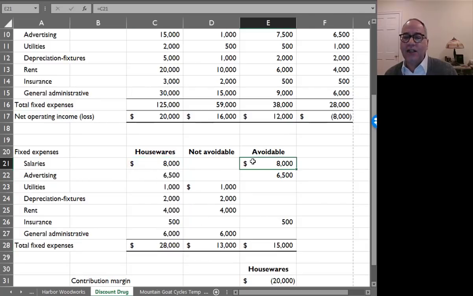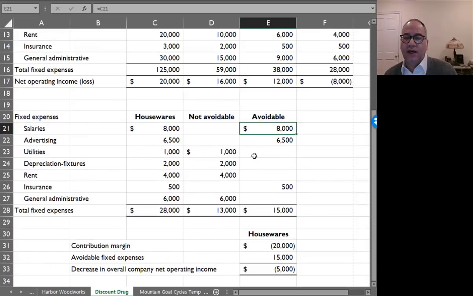With salaries, if I cancel the housewares line, I'm going to have fewer hours to pay employees. Let's say my employees are all hourly, so I'll save money. The same thing with advertising. If I don't have to sell housewares, then I don't have to spend money advertising housewares, and I'm going to save that cost.